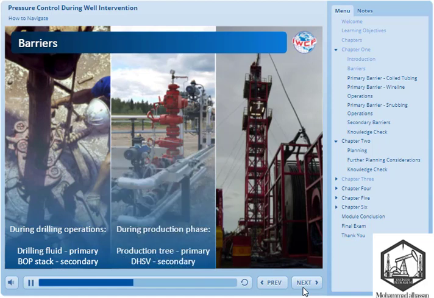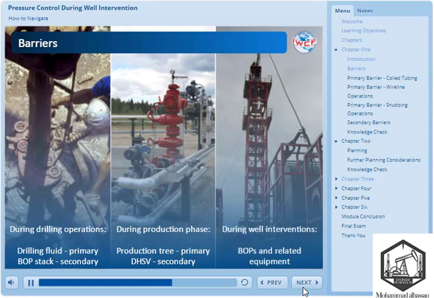During the production phase, the primary barrier is the production tree and the associated valves, and the secondary barrier would be the downhole safety valve. In the case of well intervention and workovers, instead of the production tree and associated valves forming the barriers, the BOPs and related equipment that comes with the workover and well intervention package form the barriers.